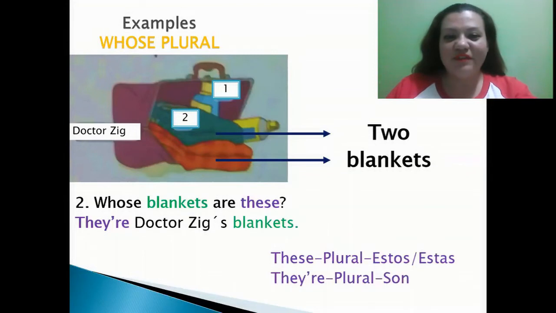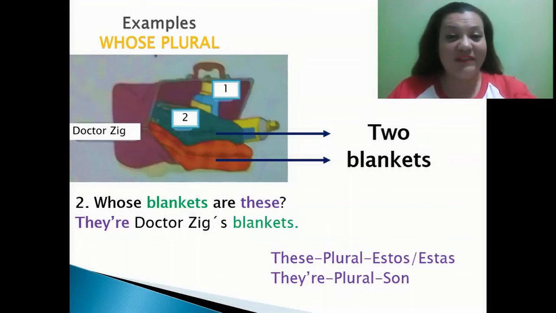They're Dr. Sig's blankets. So you can see these, we are going to use it in plural. And they are or their, we are going to use in plural too.